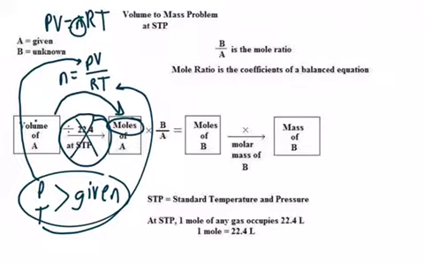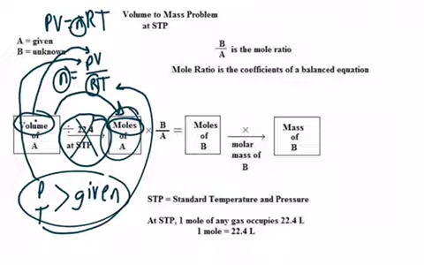The volume that's given goes right here, and R is a constant. You've got everything you need to find moles. Once you find moles of A, the rest is identical. You multiply by the mole ratio to get moles of B, and then you multiply by the molar mass to get the grams.